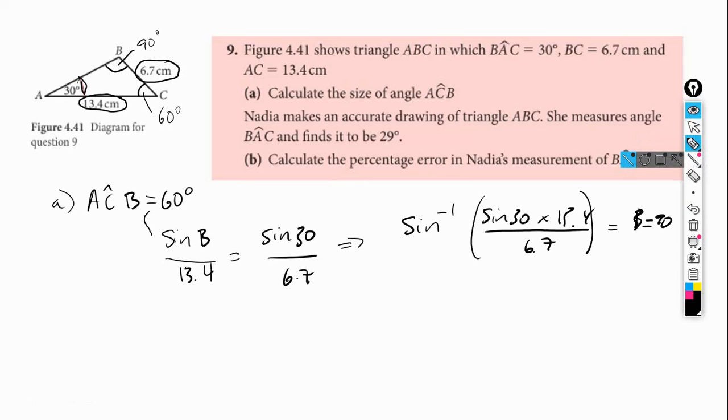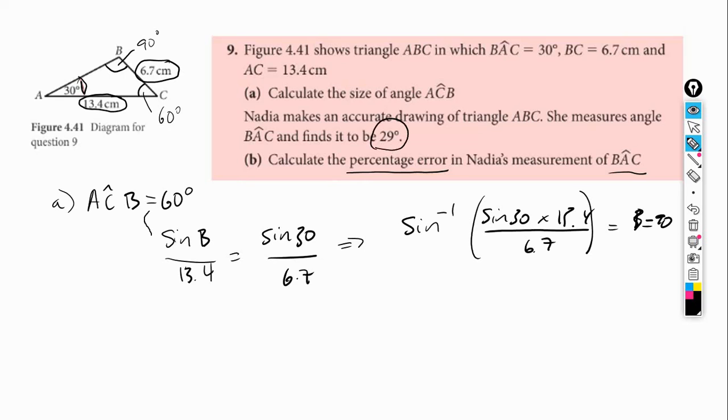Okay, now, so for part B, they ask us to calculate the percentage error in Nadia's measurement of BAC. Why? Because Nadia makes an accurate drawing of the triangle, and she measures triangle BAC to be 29 degrees, but BAC is 30 degrees.